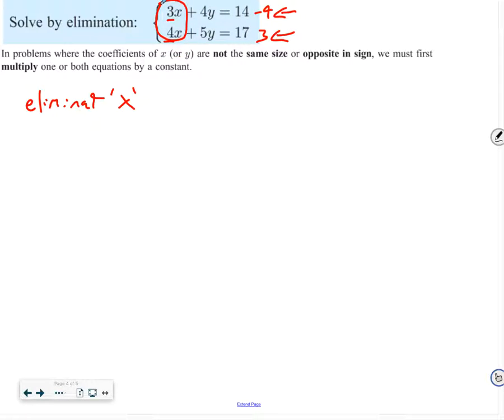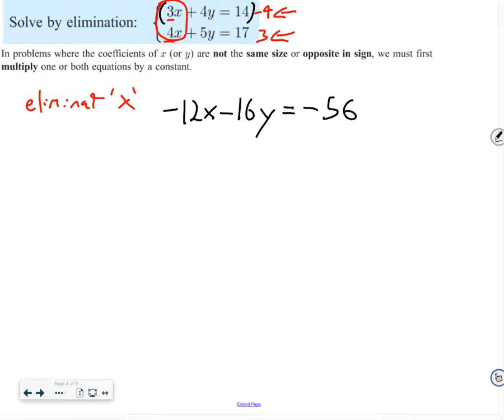So negative 4 times this entire equation is going to be negative 12x minus 4. Negative 4 times 4 is negative 16y, and negative 4 times 14 is negative 56.